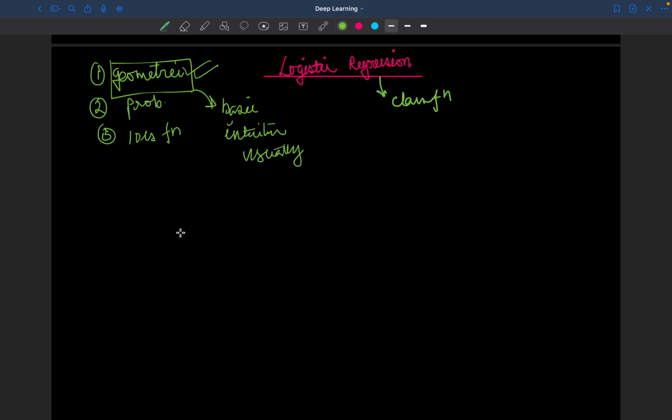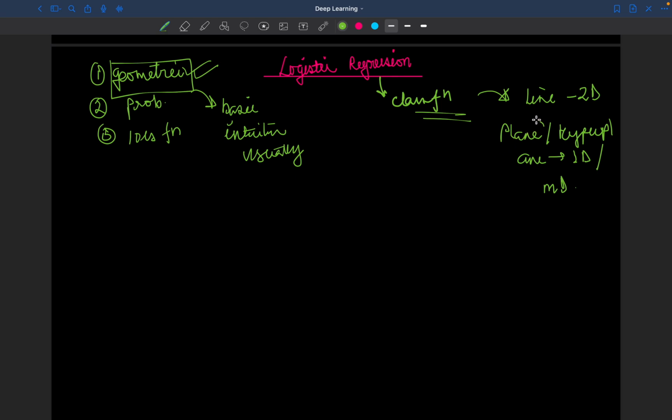What logistic regression does is essentially separate our data points. Since it's a classification problem, it classifies using a line for 2D, or a plane or hyperplane for 3D or multidimensional.